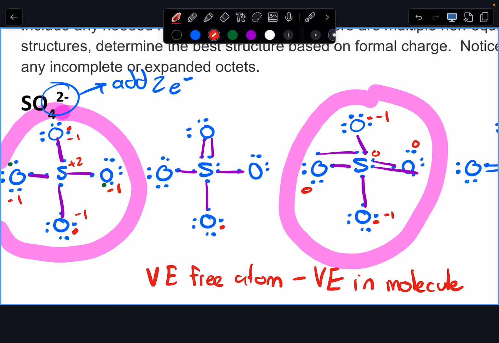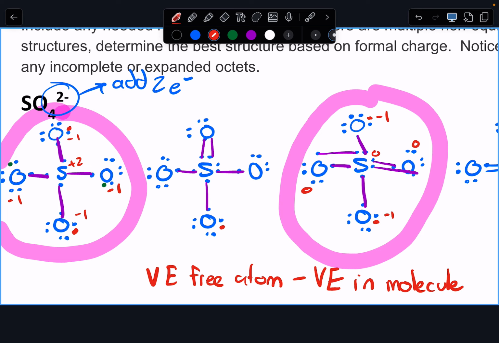Okay, little note, with formal charges, if you did them right, in a neutral molecule like CO2, all of the formal charges should add up to 0. In an ion, all of the formal charges should add up to whatever the charge is, so -2 in this case.